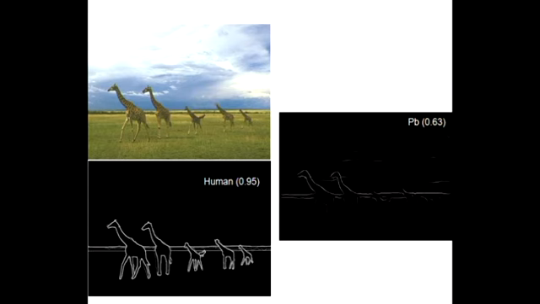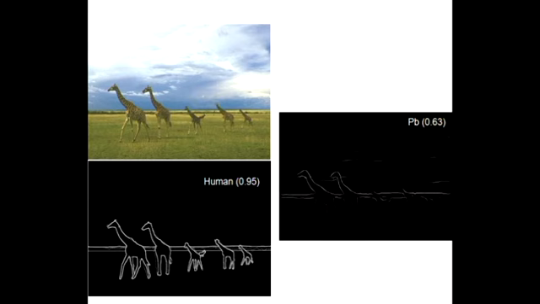Now this is one where it really does poorly. It finds the edges along the horizon, but it doesn't find the edges along the long, thin giraffe legs, for a similar reason to the wolf legs. It's not really good at finding edges of thin structures.